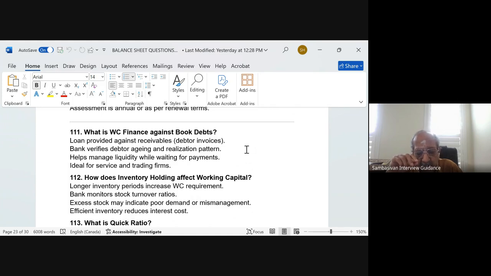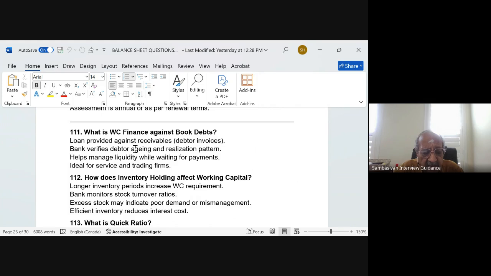So what majority of the people do is that they take goods on credit, they keep it in their shop and then sell it before the 90 days time, which they get for making payment to the supplier or the manufacturer. So that is the advantage for them.